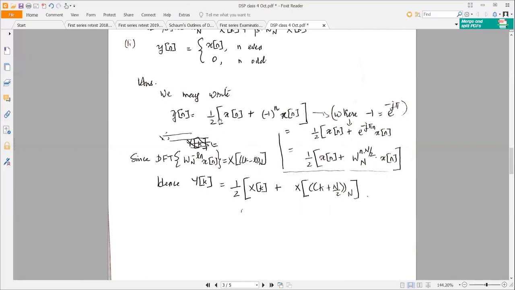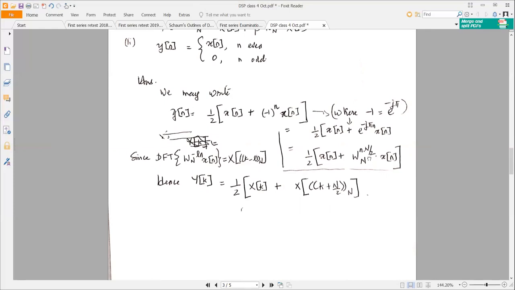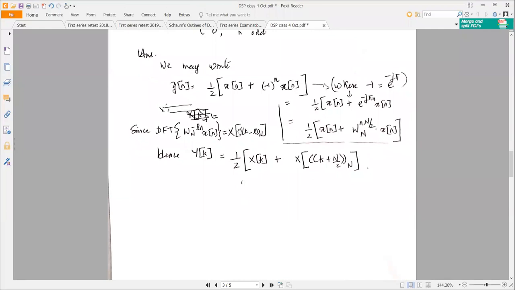So y of n can therefore be written as 1 by 2 into x of n plus, instead of minus 1, I will write W_N raised to N by 2 the whole raised to n. So this becomes W_N raised to n into N by 2 into x of n. Now again from the frequency shifting property, that is circular shifting in the frequency domain, we have this property which we had seen earlier: X of k minus l modulo N will have an inverse DFT given by W_N raised to minus l n into x of n.